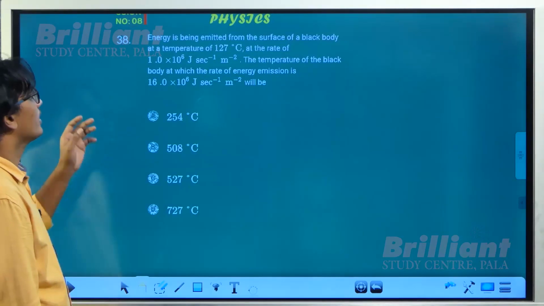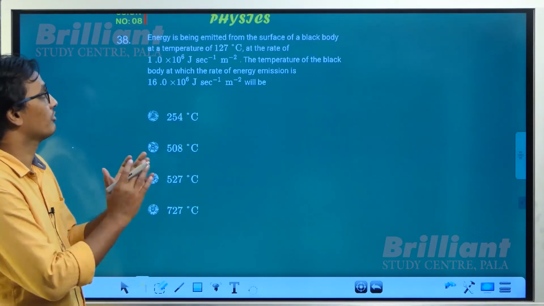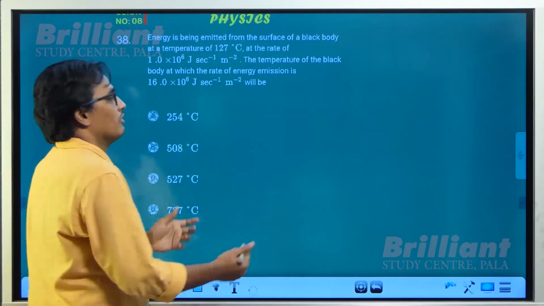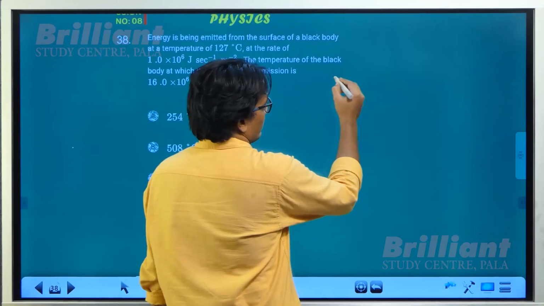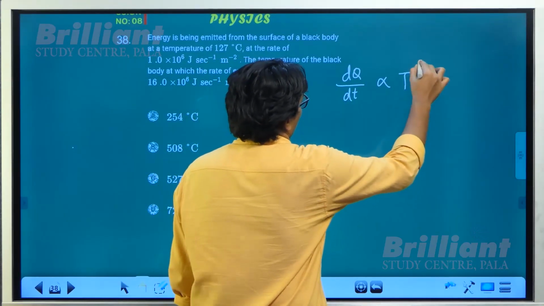Energy is being emitted from the surface of a black body at the rate given. From Stefan-Boltzmann's law, the rate of energy emitted is proportional to T power 4.